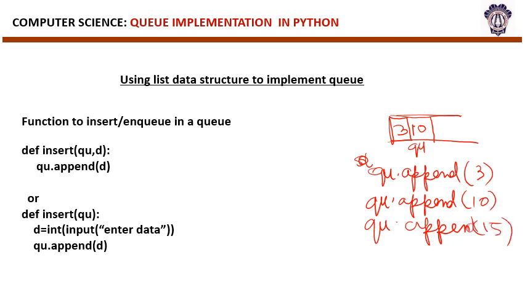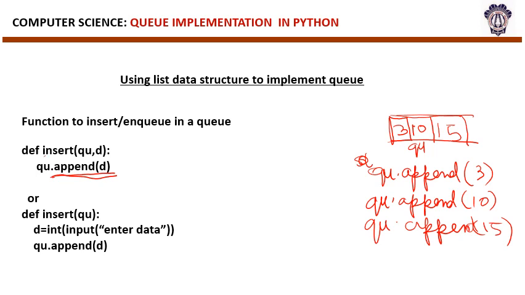Now 15 gets added in the list. So this function append simply adds an element to the end of the list. So when you want to insert an element in a queue implemented by Python list, we simply call the function append.